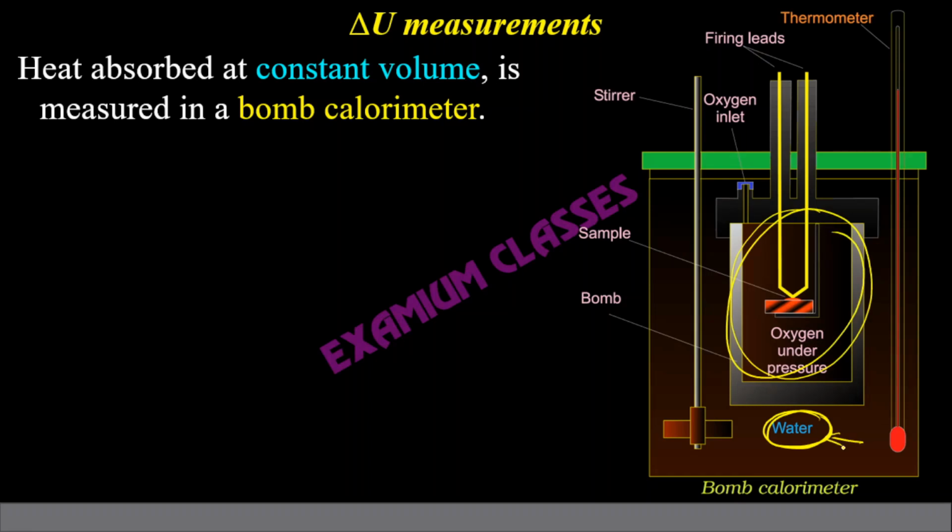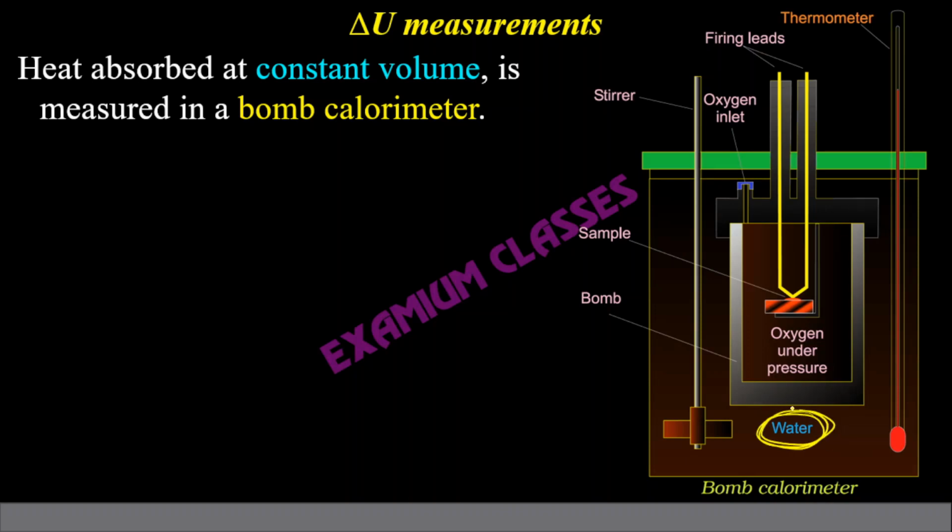Whether heat is evolved inside the system, it will go outside to the water, and if heat is absorbed by the system, then heat will be absorbed from water. So we can initially measure the temperature of this water, and after the reaction has completed, we can measure the temperature of this water again.